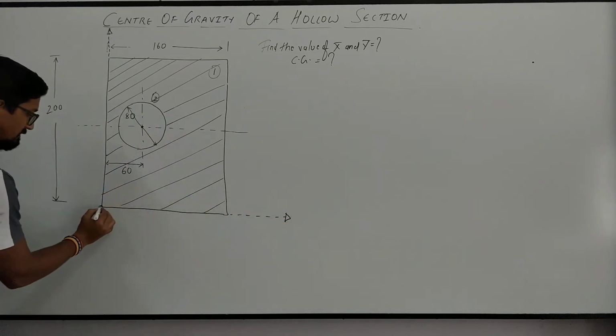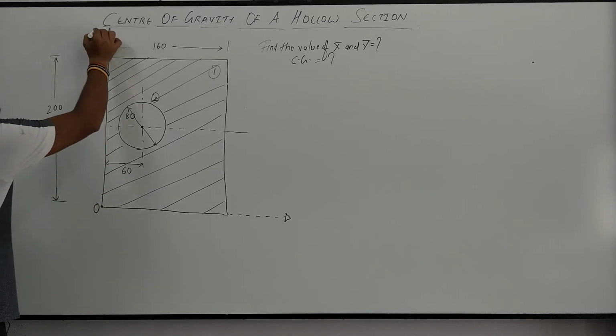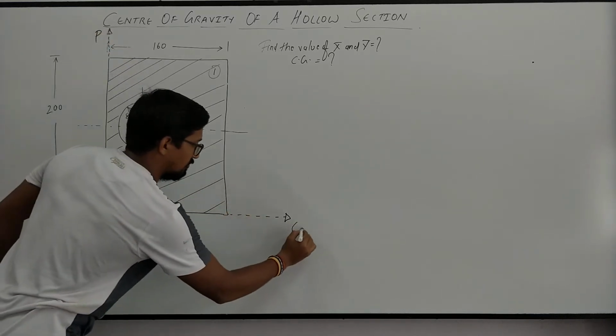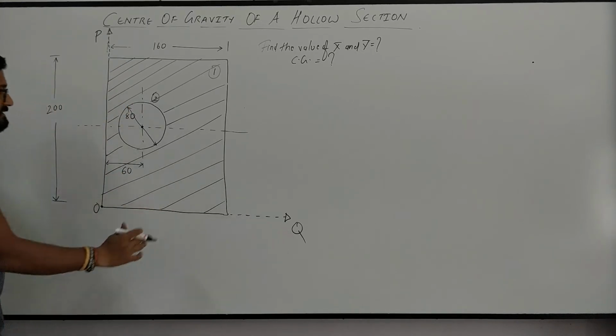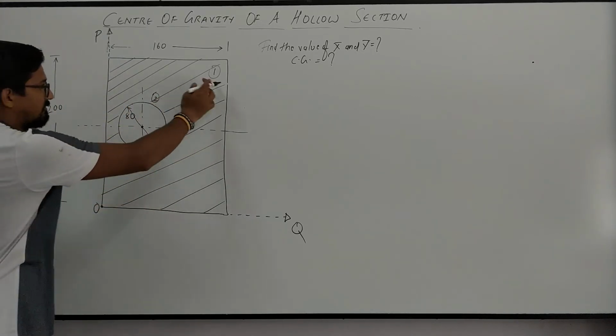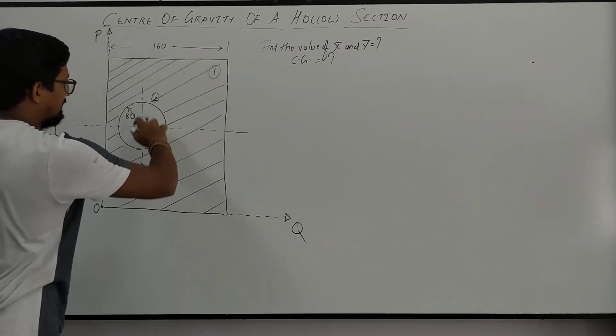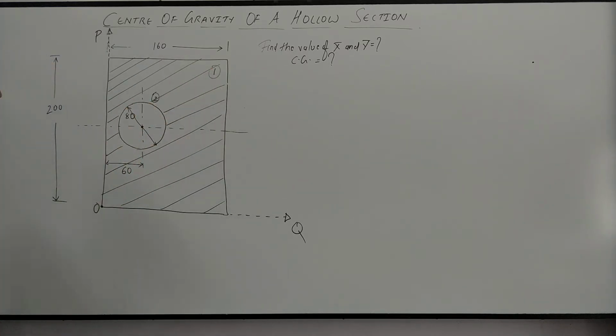So this is the origin O, this is P and this is Q. So OP and OQ are the reference axes. Sections have been made, section 1 and section 2, one is rectangle, second is circular.